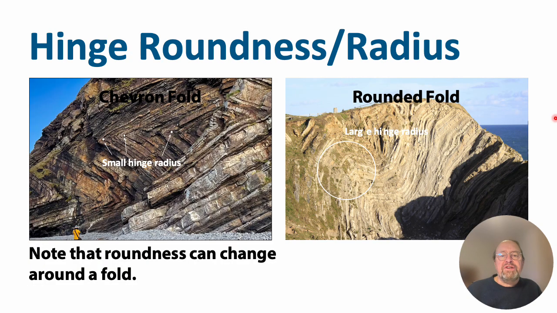And again, another feature that we can describe when we're looking at folds is whether the fold is round or pointy, essentially. So here's an example of one that you will see on your Dorset field trip. Here the fold axis is rounded, and another example, again from southwest England as well. This is a chevron fold, what we call a chevron fold because the fold axis is very tight.